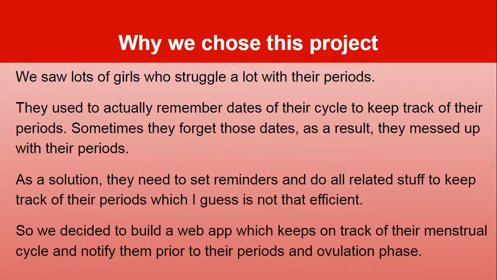As a solution, they need to set reminders and do all related stuff to keep track of the periods, which I guess is not that efficient. So we decided to build a web app which keeps track of their menstrual cycle and notifies them prior to their periods and ovulation phase.